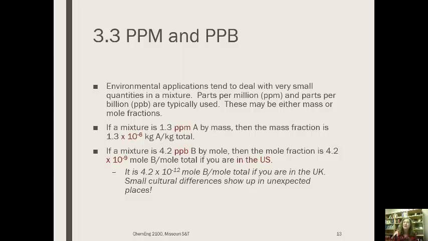These little cultural differences are going to suddenly show up in some really weird places that you were not expecting. There is not a universal definition of what a billion or a trillion actually is. So make sure that you know before you start doing your computations.